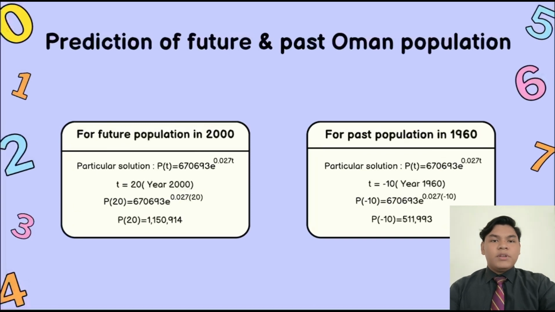For the past population in 1960, we use the same particular solution equation, and we use t equals -10 to indicate the year 1960. The -10 value is inserted into the equation, and the expected population in 1960 that we obtained is 511,993.